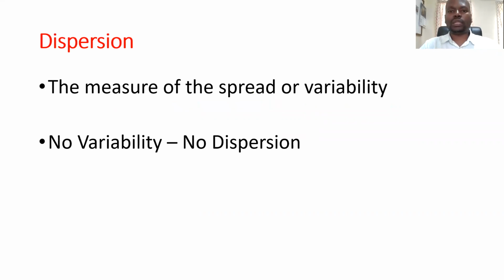In most cases, we can also call these measures of spread or variability. Where there is no variability, it's the same as there is no dispersion, but also there is no spread in a particular measure that we are looking at.